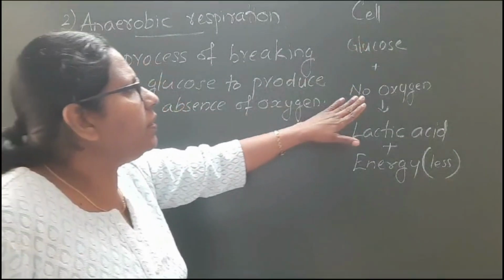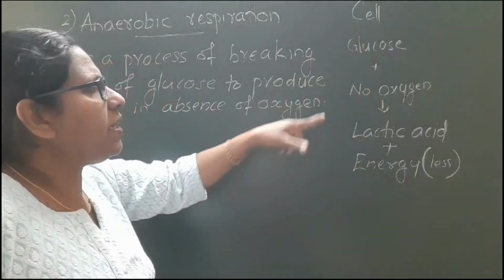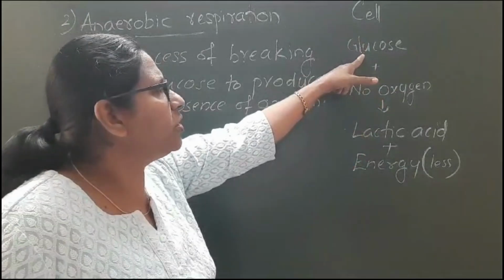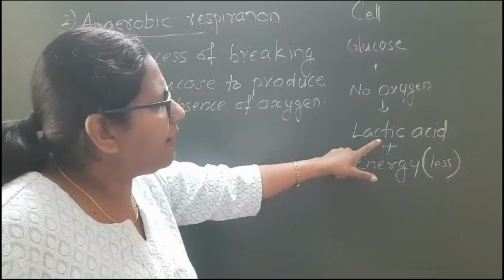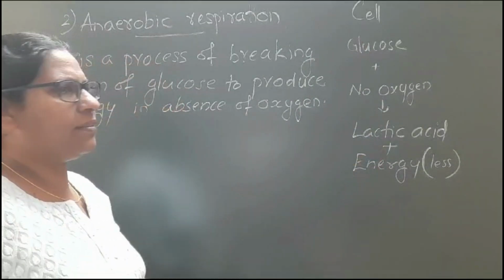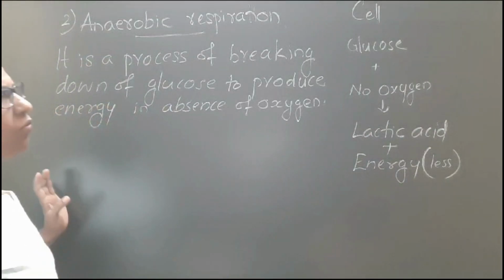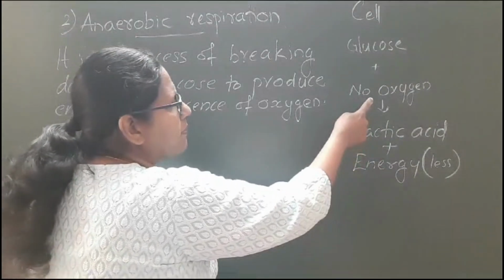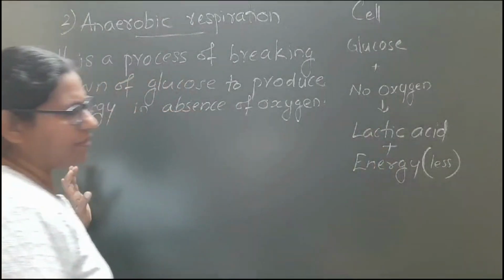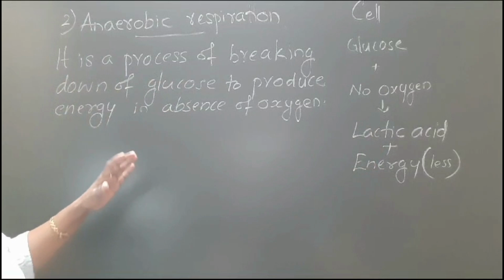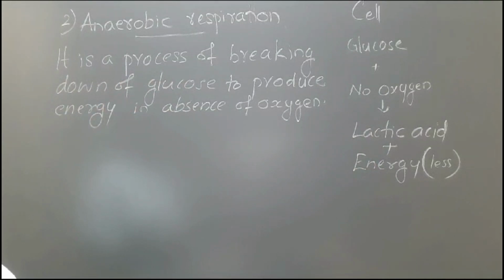Here there is no oxygen. In the absence of oxygen, glucose breaks down. What do we get? Cells will get lactic acid and very little energy. That is what happens in anaerobic respiration.